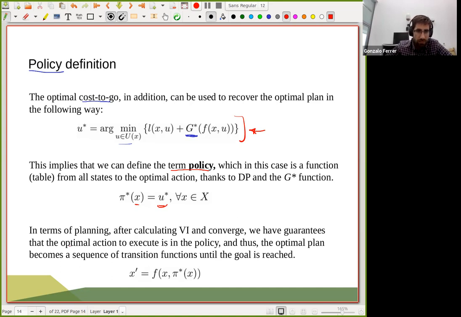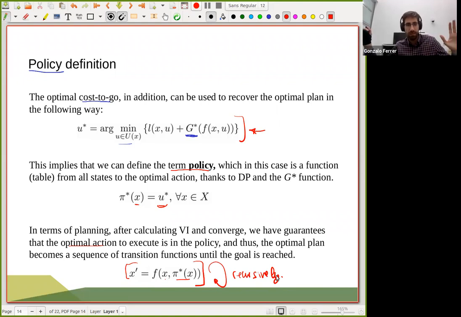So we have the optimal action to execute, and as we have discussed, the sequence of states is going to look like this. You have a transition function, your current state, and your optimal policy, and this is just recursively calculated until you reach the goal.